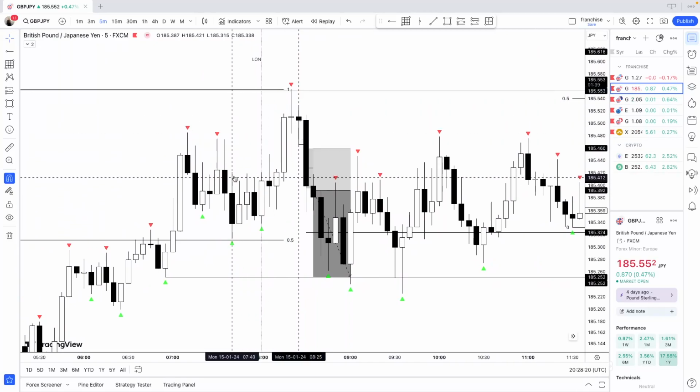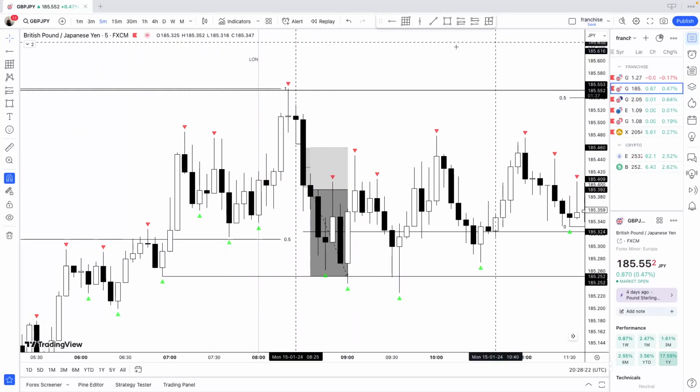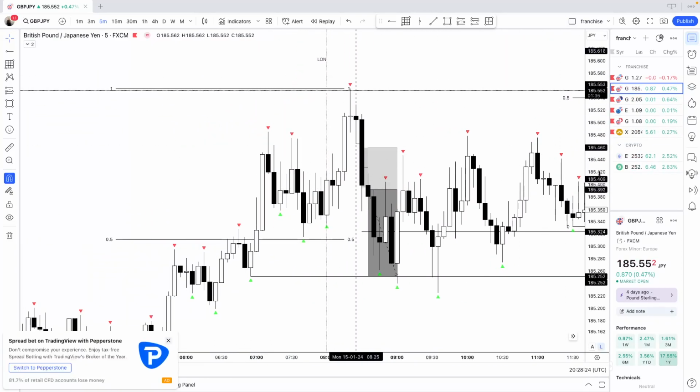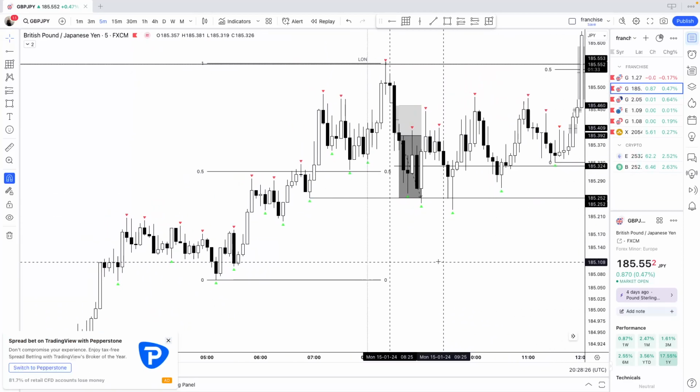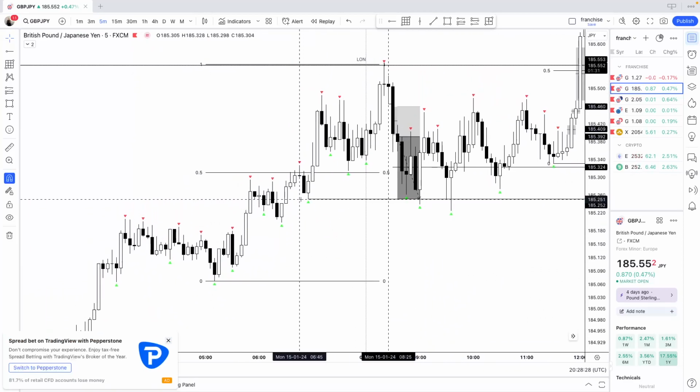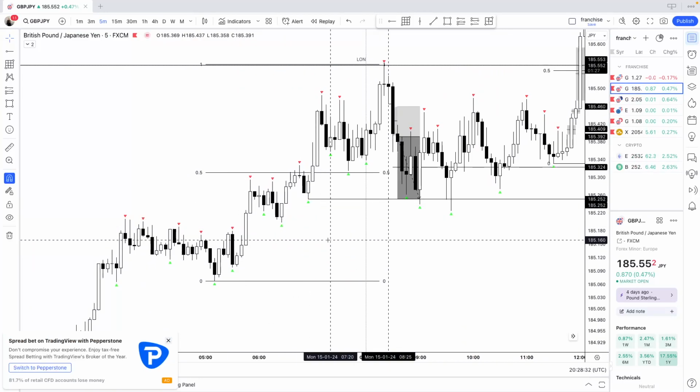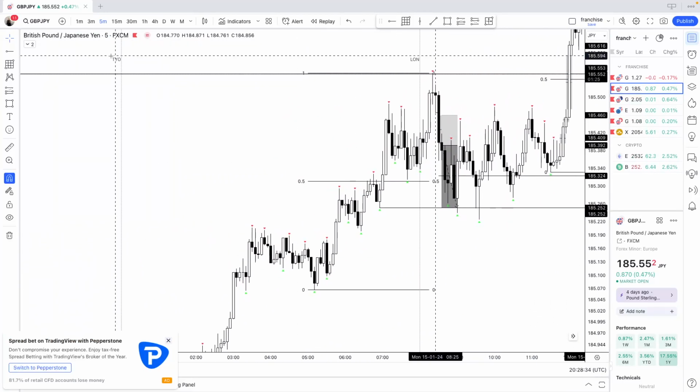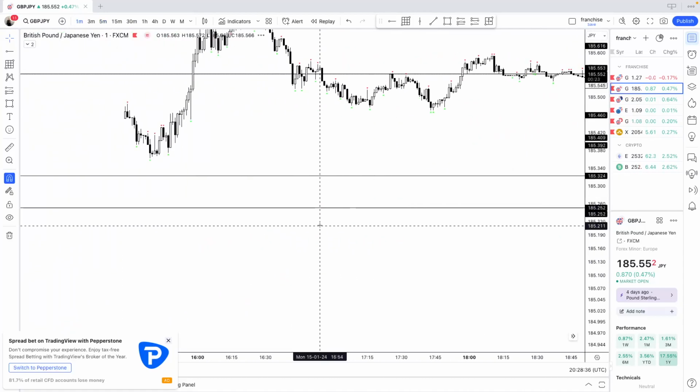As price prints a high, then a low, then we look for trades. 5-minute PD arrays, you've got a swing low here, swing low there, fair value gaps here. However, to save us time, I'm just going to show the one that gets hit.